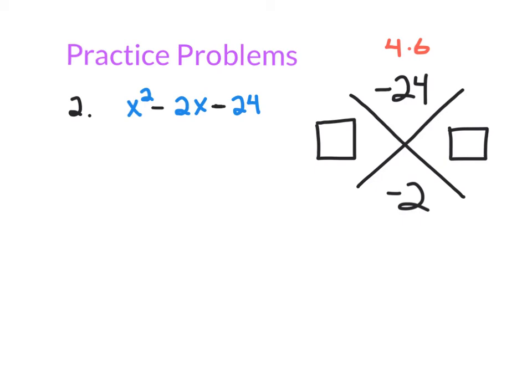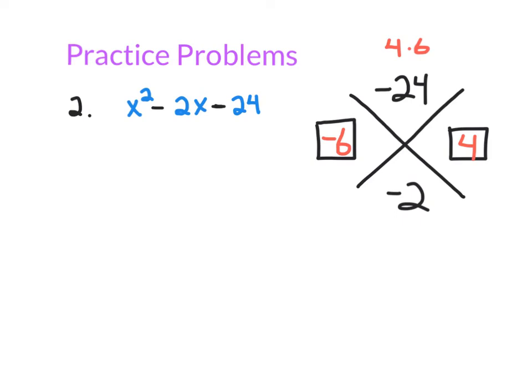So what we have then is we're going to need our larger number to be negative, because our answer is going to have to be a negative 2. So it's going to be negative 6 and positive 4. When you multiply negative 6 times positive 4, you get negative 24. And when you add or combine negative 6 and 4, you get negative 2.